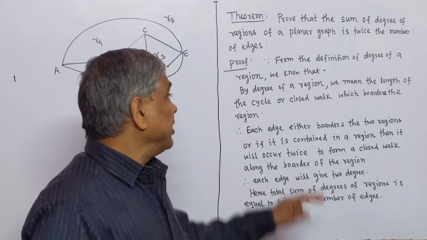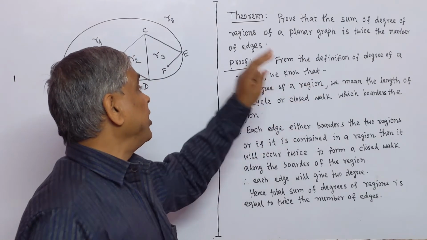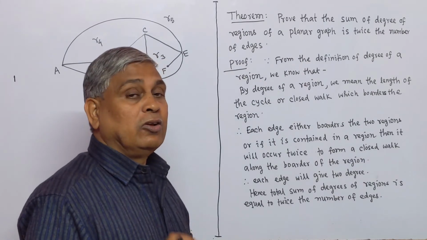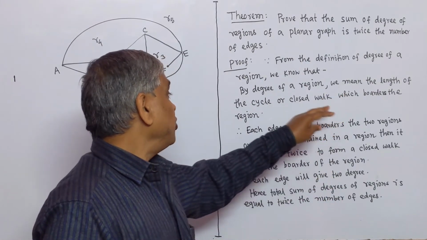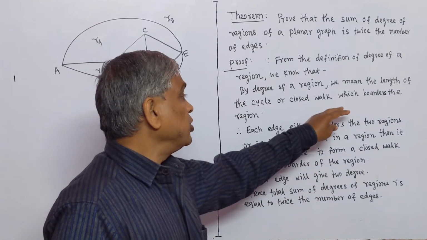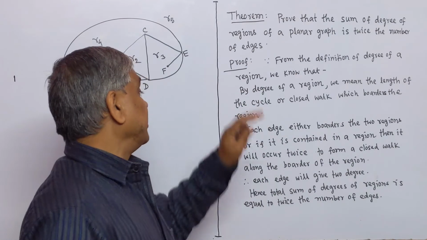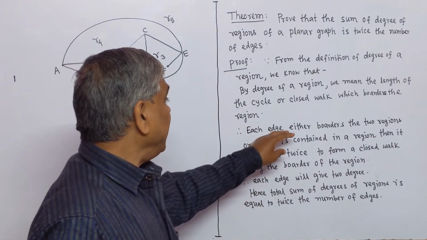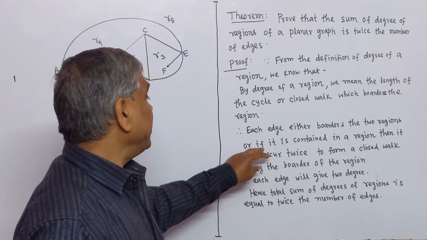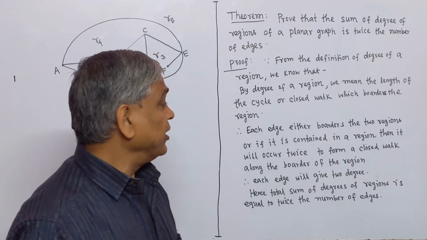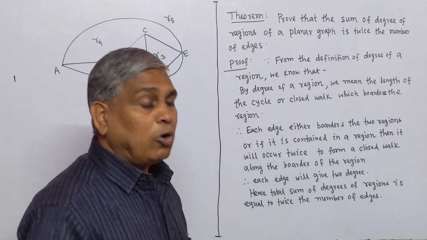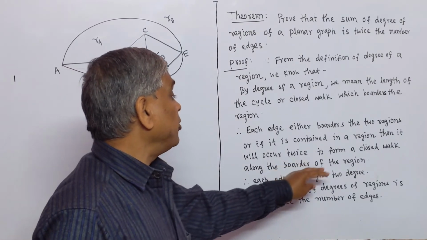From the definition of degree of a region, we know that by degree of a region, we mean the length of the cycle or closed walk which borders the region. Therefore, each edge either borders two regions, or if it is contained in a region, then it will occur twice to form a closed walk along the border of the region.